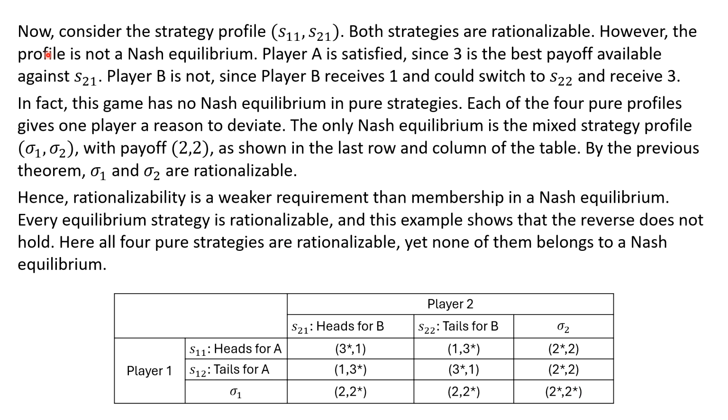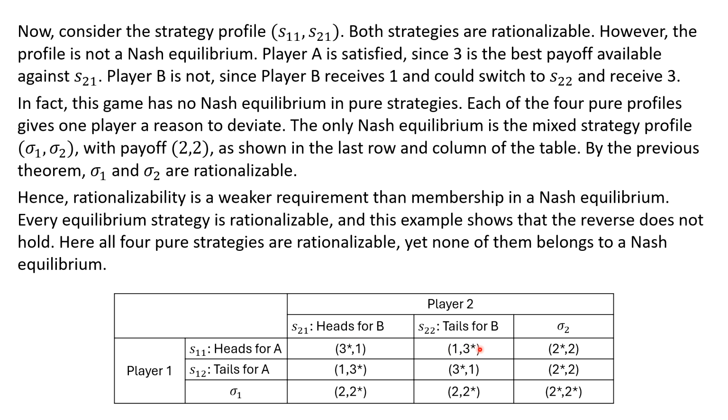So just to finish this off, now consider this strategy profile s_11, s_21, this one here. We could have considered any one of these, as both strategies are rationalizable. However, the profile is not a Nash equilibrium. We've done that analysis already. It doesn't have the 2 stars next to it.